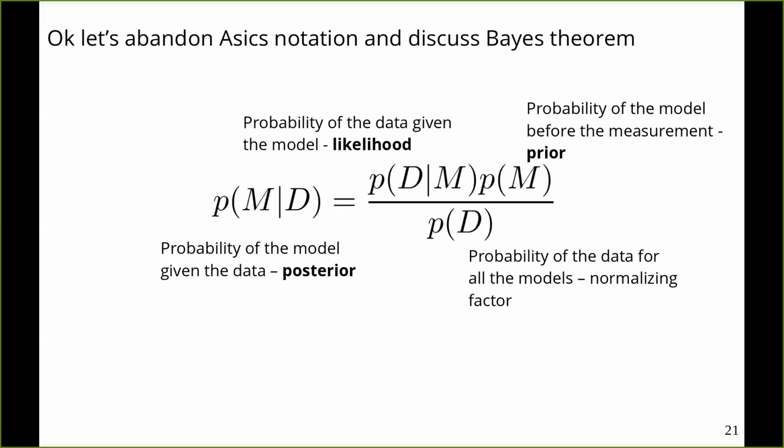And then there is this normalizing factor here that is usually the least important, because in most problems of interest, it will cancel out. However, in some cases, like for example, when you want to use model selection and stuff like that, calculating this probability in the denominator is very, very important. Okay, so this is just a very simple theorem that gives you the relationship between some probabilities that are important here.